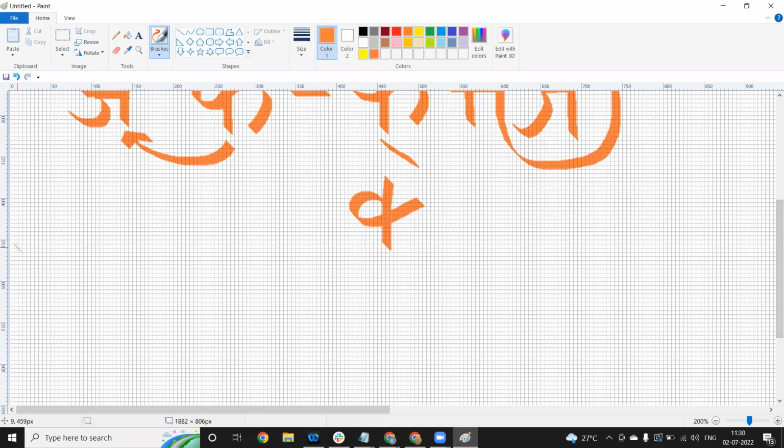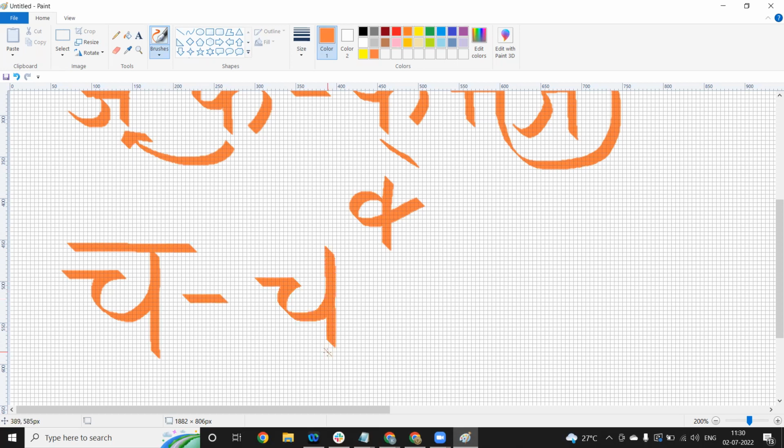Any other letter you choose, for example cha. This is cha only when we have the sound of a with it. Here is the halant in the end, because this is half. This is incomplete until and unless I write a along with it. So this half and a along with it makes cha.